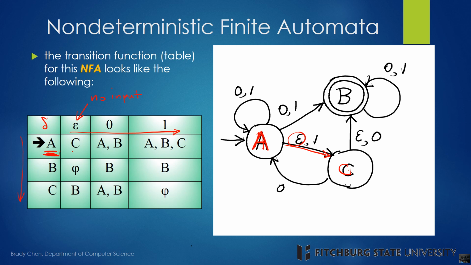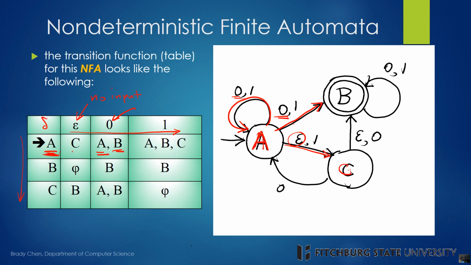Now, if the current state is A and the input value is 0, there are two possibilities. One, it stays in A. Two, it could go to B, right? So there are two destinations in this case.